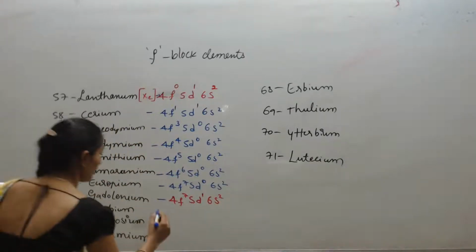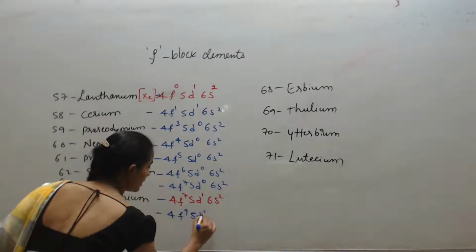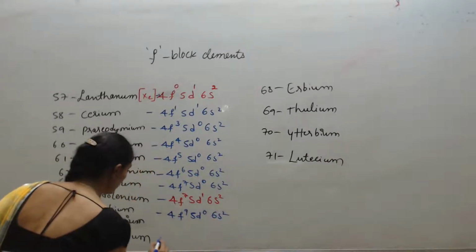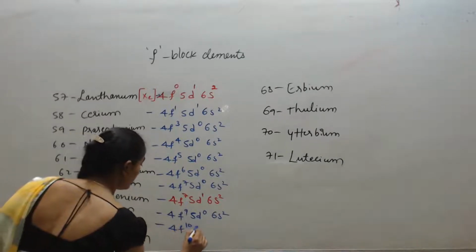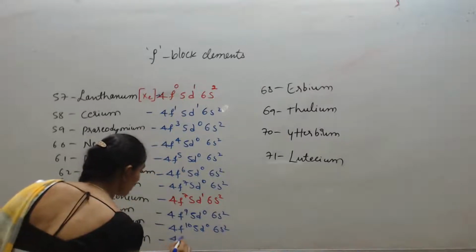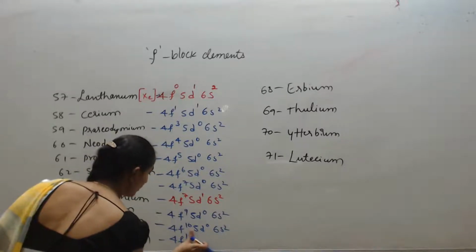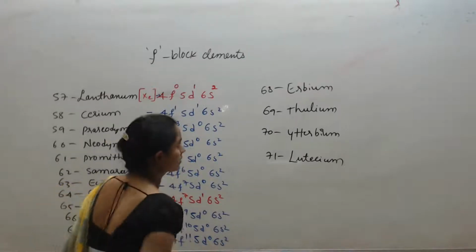Next, again 4F9, 5D0, 6S2. Next, 4F10, 5D0, 6S2. Similarly, 4F11, 5D0, 6S2.